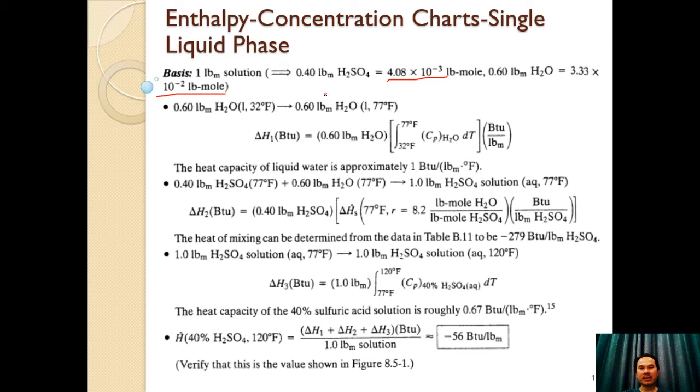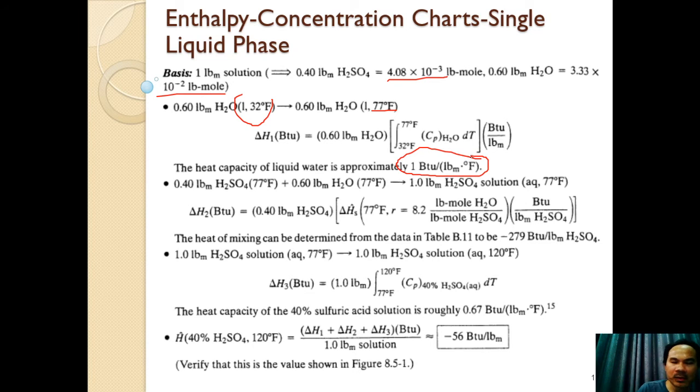For this case, 0.6 pound mass water at different state, at 32 Fahrenheit, changes to 77 Fahrenheit. This is the integration. Delta S1 equal to 0.6 pound water, from the reference temperature to the actual temperature, Cp H2O dt. And then you can find the Cp approximately 1 BTU per pound mass per Fahrenheit.